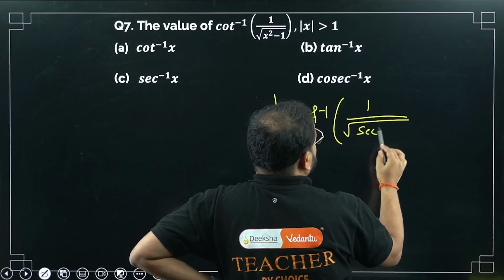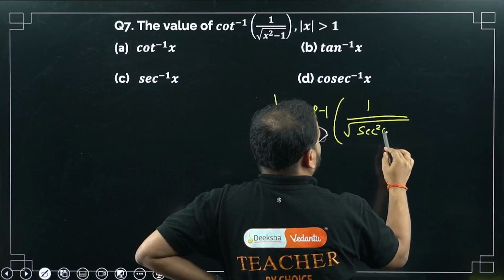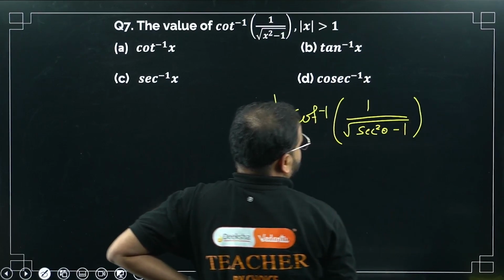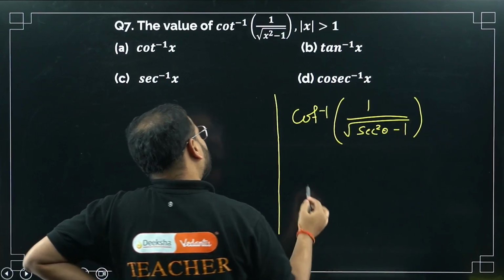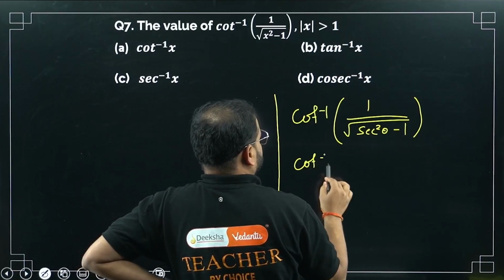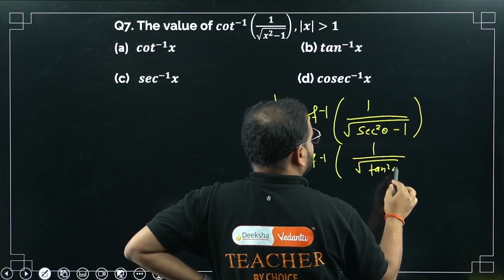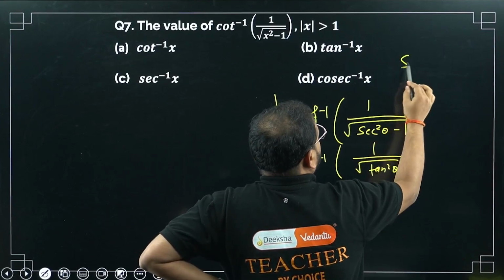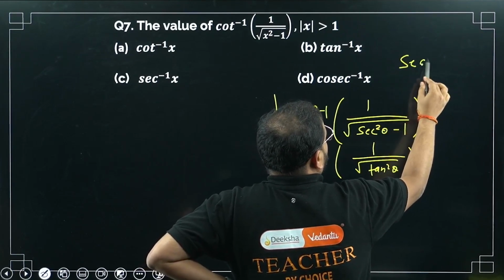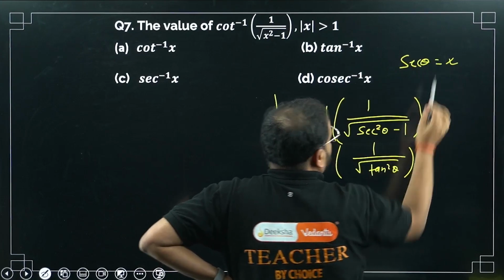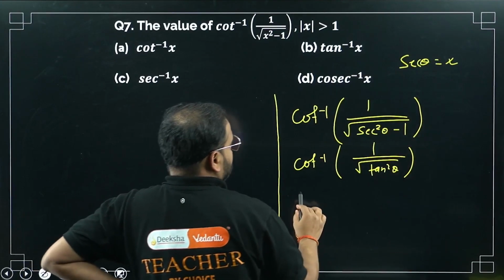Sec square theta minus 1. Okay. What's sec square theta minus 1? Simply say tan square theta. This is going to be what? Tan square theta. What I've taken? I've taken sec theta equals to x. What does this be?